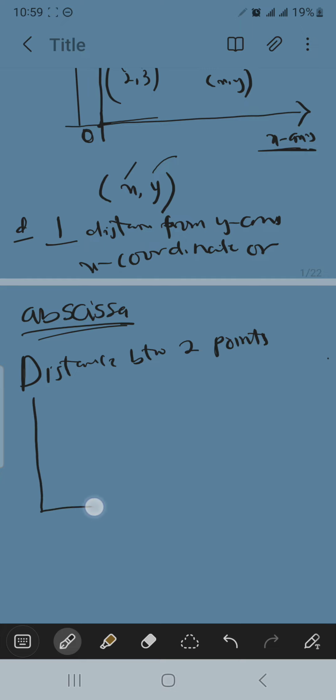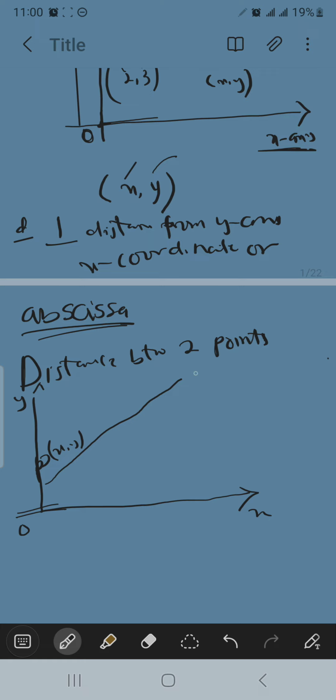Let me have this diagram for you. We know that this is going to be O, this is the x-axis, this is the y-axis. Let's say that I start from here. If this were to be point P, it is going to be x comma y. You know that Q is going to be x comma y as well.